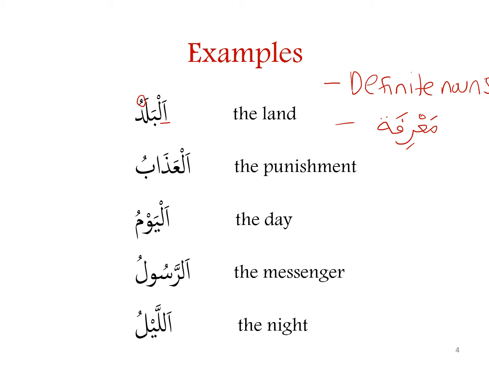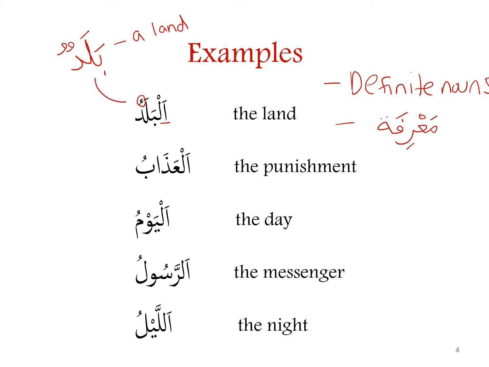So in this case here we have al-baladu, means the land. If you want to say a land, we would just drop the alif lam and put the tanween back, so the reverse process. We'd say baladun. Baladun is a land.